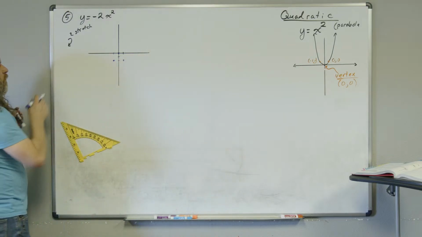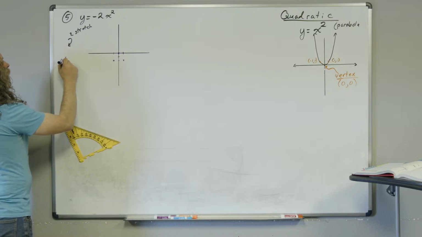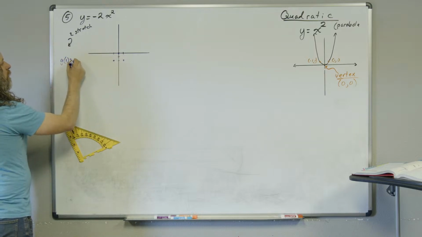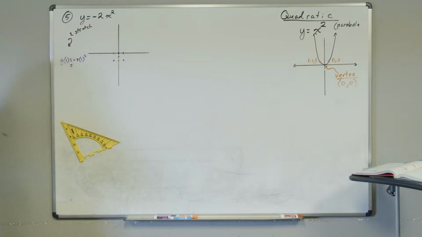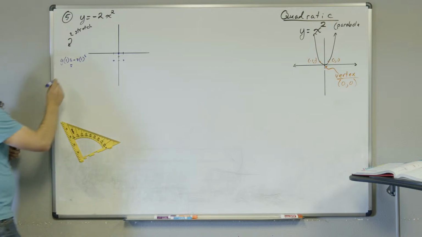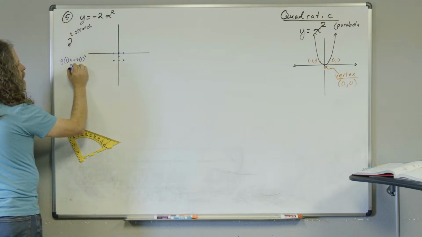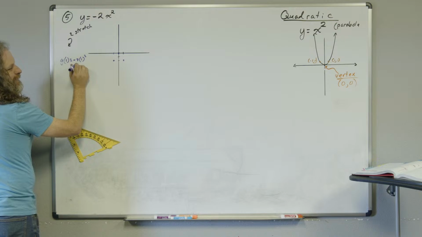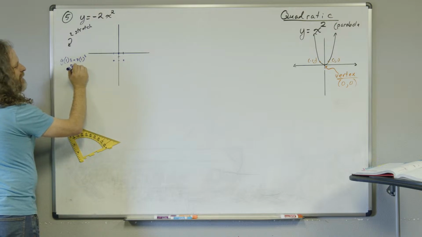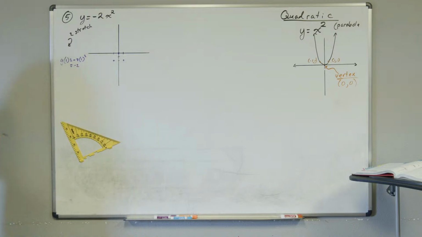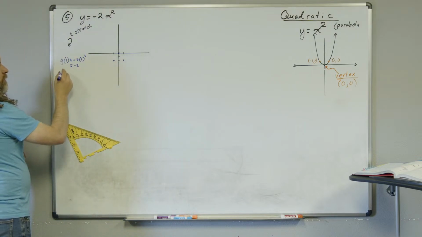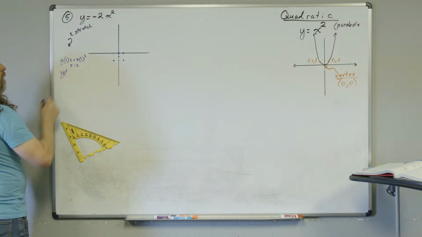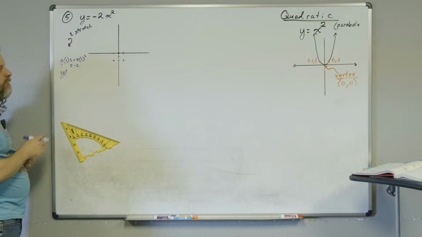Okay, so let's prove that. So we're going to do y of 1. What's 1 squared? 1. What's 1 times negative 2? Negative 2. So that's the 2 points that we just did. So let's do one more. What are we going to do? y of what? y of 2. 2 sounds great.